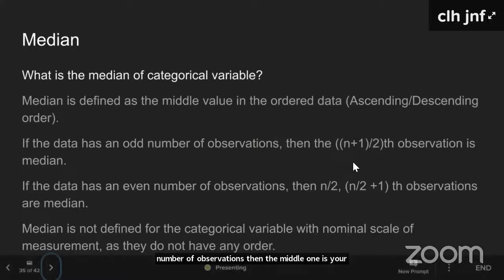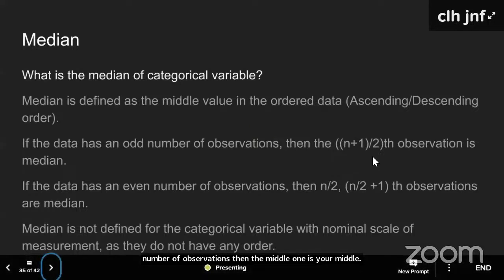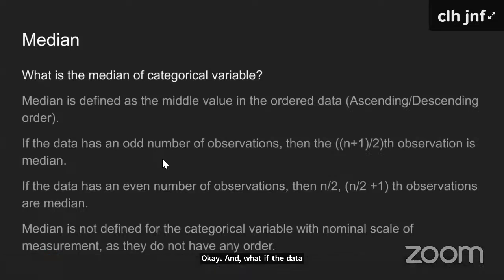How to find the middle one? It is n plus 1 by 2. If there is an even number of observations, then your median will be the average of n by 2 and n by 2 plus 1, or it might be n by 2 or n by 2 plus 1, or sometimes both.